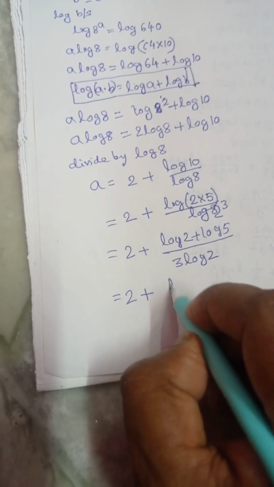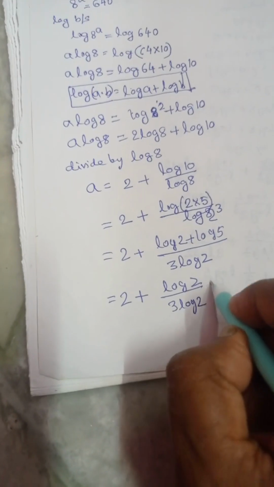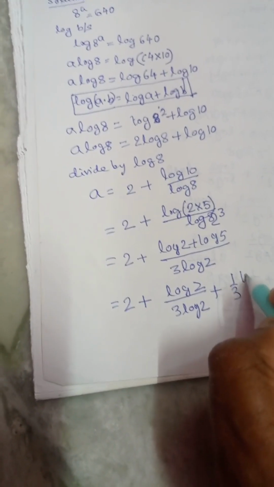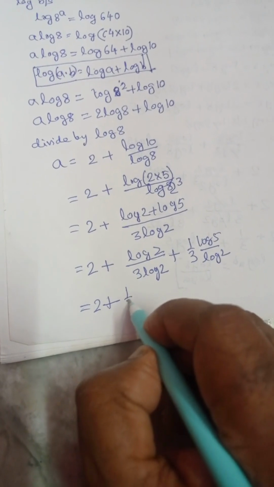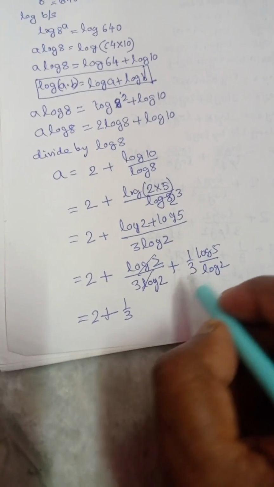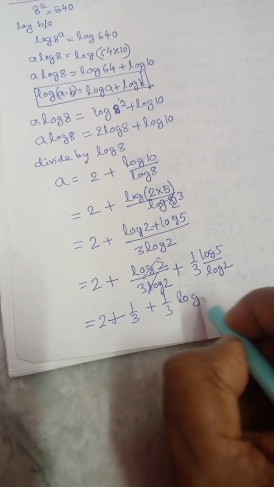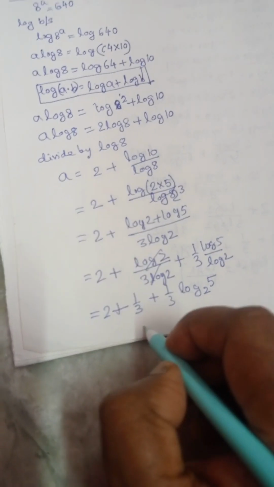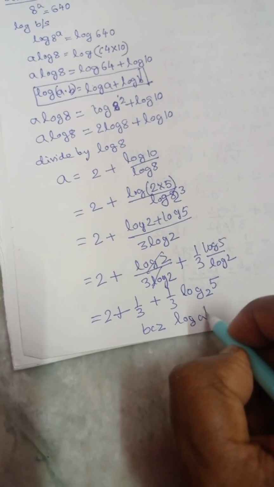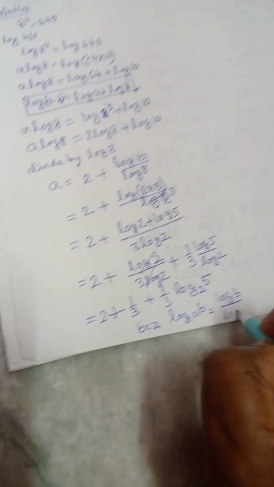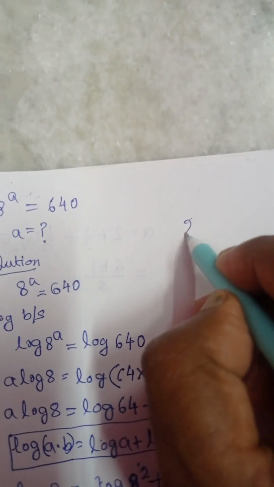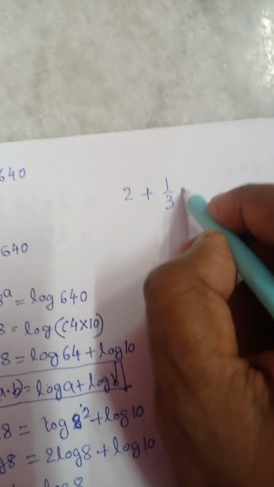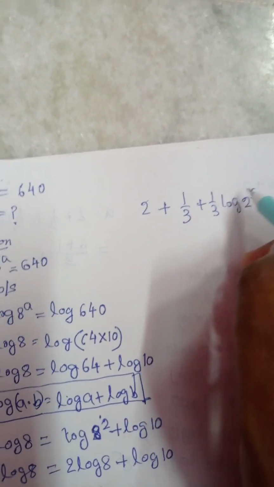Now equal to 2 plus log 2 by 3 log 2 plus log 5 by 3 log 2, equal to 2 plus 1 by 3, log 2 is cancelled, plus 1 by 3 log 2 5, because log a b equal to log b by log a.